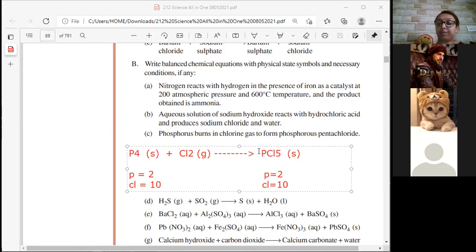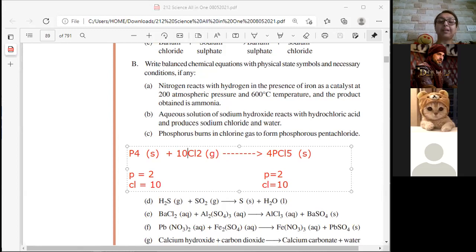If I write 4 here, then it's going to be 4 of phosphorus, correct? And 4 5s is 20, 10 2s is going to be 20. Correct? Yes or no?